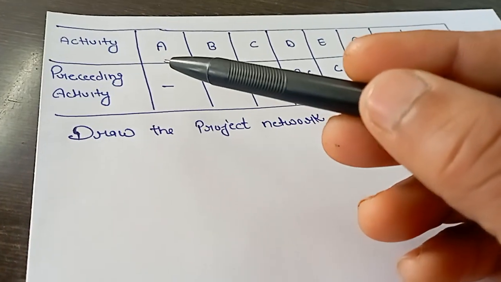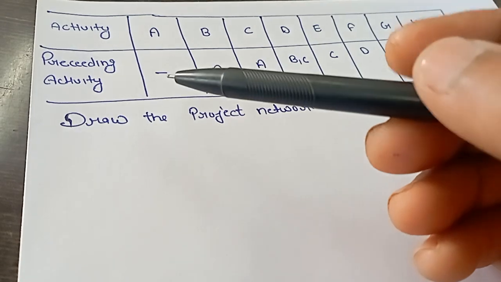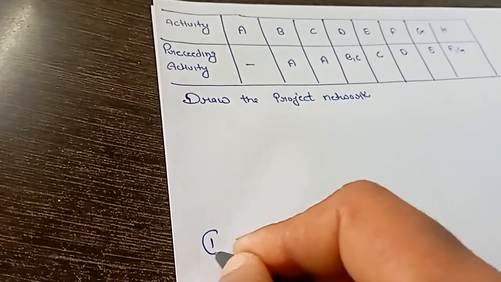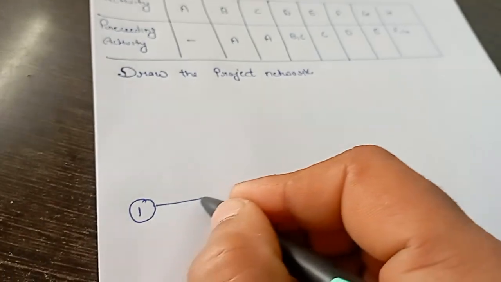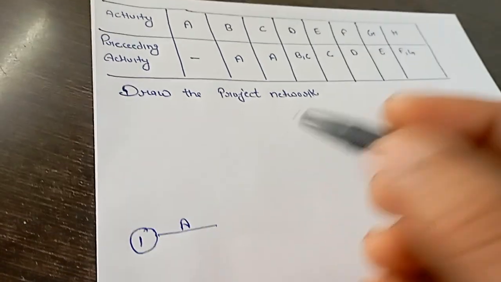Here in the question, the first activity, that is A, has no preceding activity. That's why we start with numerical point 1, and from this point 1, A starts.